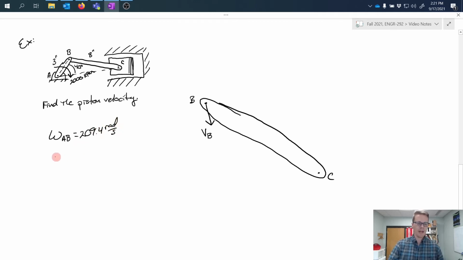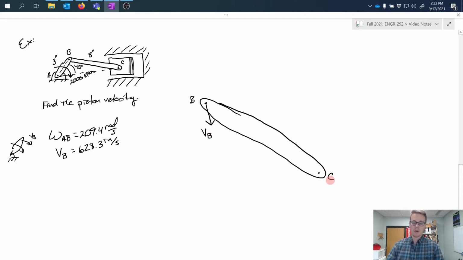And then from that, since this is just an object rotating, a fixed axis rotation, we can solve for VB using the length of that crankshaft, which is 3 inches, and we get 628.3 inches per second. So that is our solution for VB here.